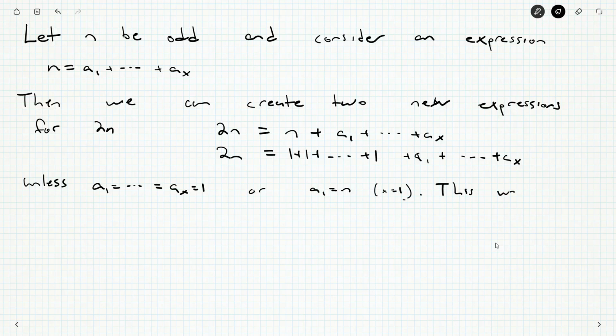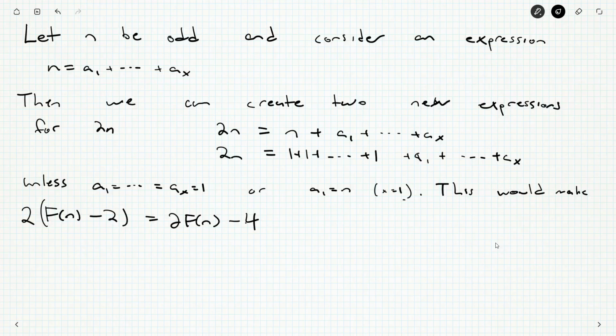This would make f(n) minus 2 expressions, because we're excluding these two, times 2, so that'd be 2f(n) minus 4. And then I can get the 1s and the 1s, the n and the n, and then the 1s and the n, and that'll get me 3 more.